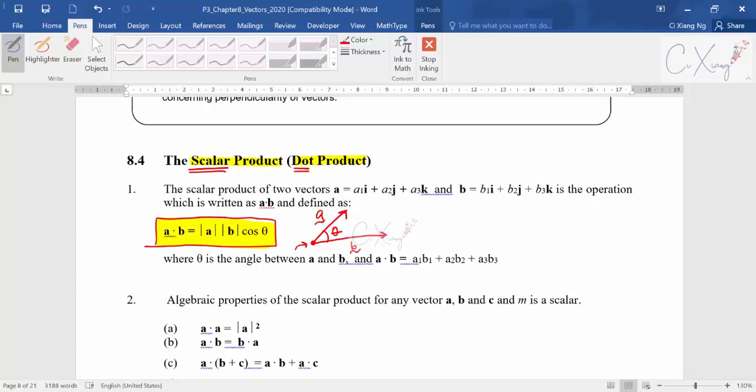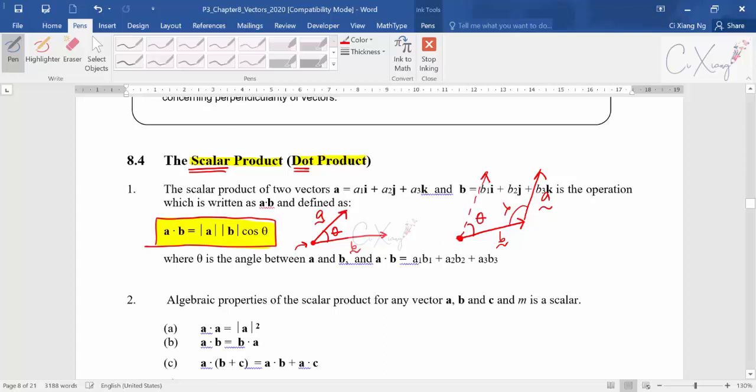Always bear in mind that when you want to find the angle between two vectors, this is the correct value. If you have A and you have B like this, this is not the theta. When you apply this formula, the theta is actually this one, but not this, because both vectors should come out from the same point.